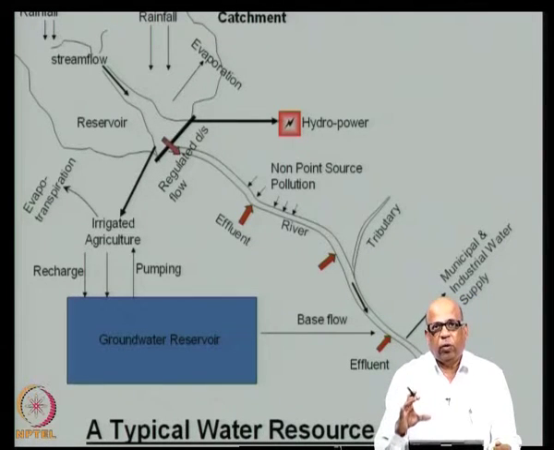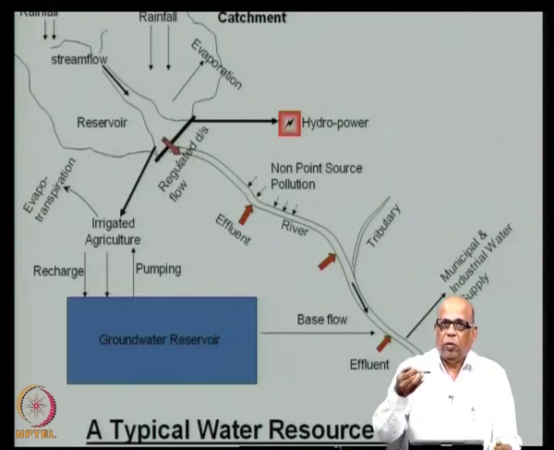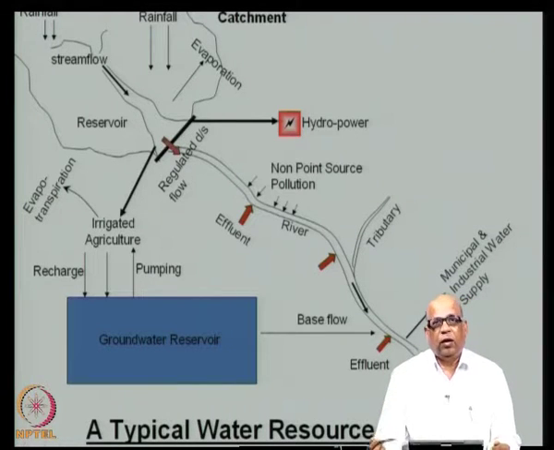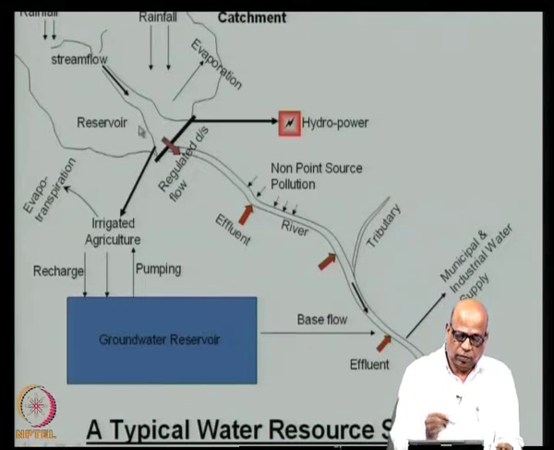You built a storage reservoir to store the water for use for different purposes. As you created the storage, there will be losses because of infiltration that goes below the ground, and losses because water evaporates into the atmosphere. So, we have to account for these losses.